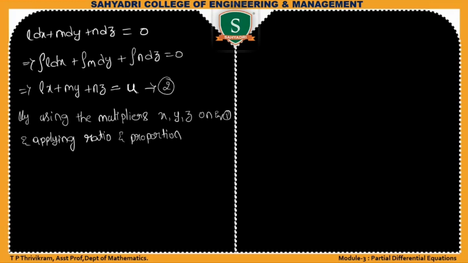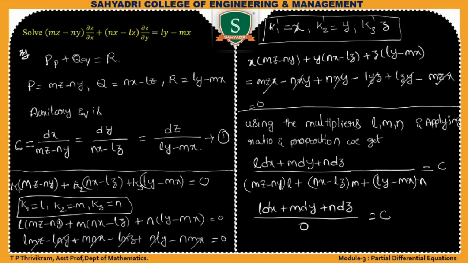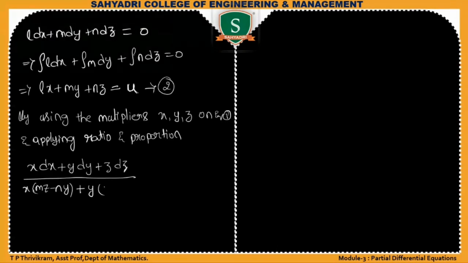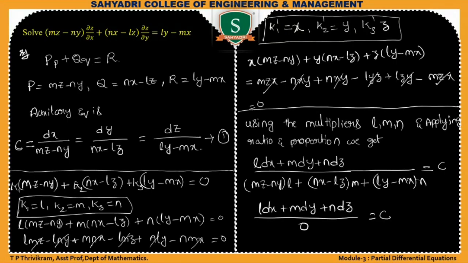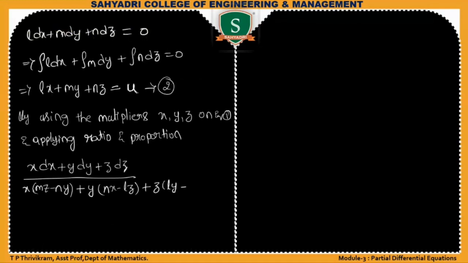Similarly, multiply xyz to the denominators and add. So x dx plus y dy plus z dz divided by x into mz minus ny plus y into nx minus lz plus z into ly minus mx. This will be equal to some constant c.